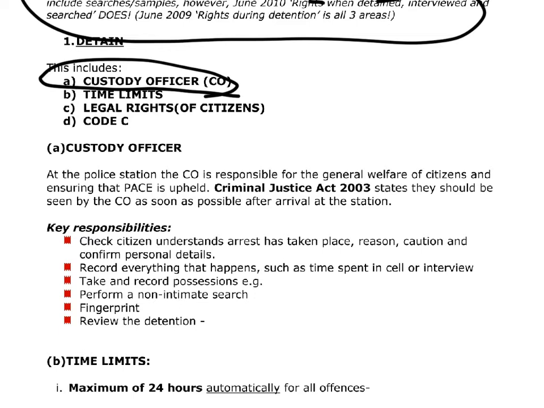Key responsibilities of the custody officer then: they need to check that you know that you've been arrested and why you've been arrested. So they're checking that all elements of TOAST have been performed by the police officer. They'll record everything that happens, such as how long you're in your cell, how long you're in interviews, whether you've had a phone call, your solicitor, when you've gone to the toilet, anything that goes on.